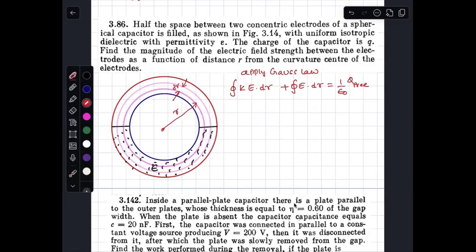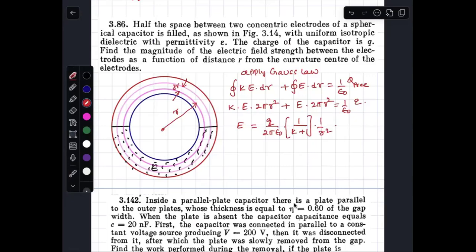Now what is happening over here? K times E into 2 pi r square plus E into 2 pi r square is equal to Q by epsilon naught. So E is Q by 2 pi epsilon naught times 1 by (K plus 1) times 1 by r square.